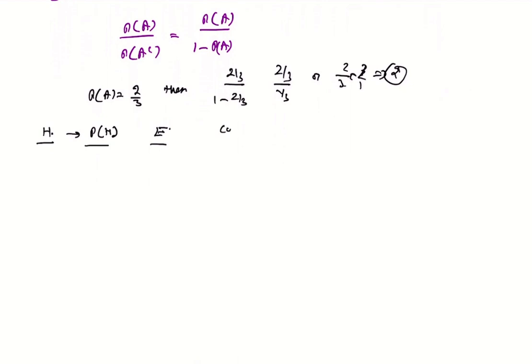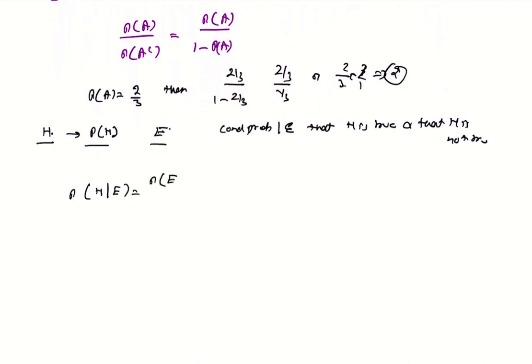Now we want to know the conditional probability, given the evidence E, that H is true and that H is not true. The probability of H given the evidence will be the probability of evidence and H divided by the probability of evidence.